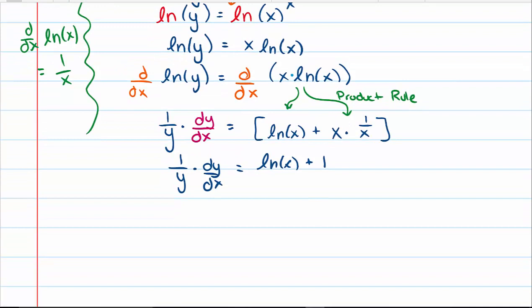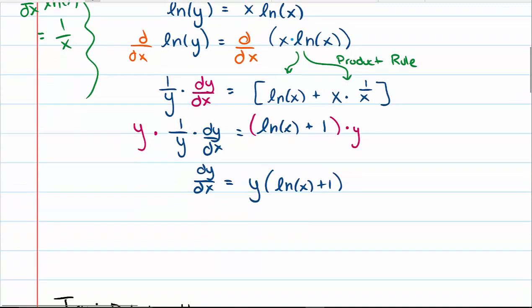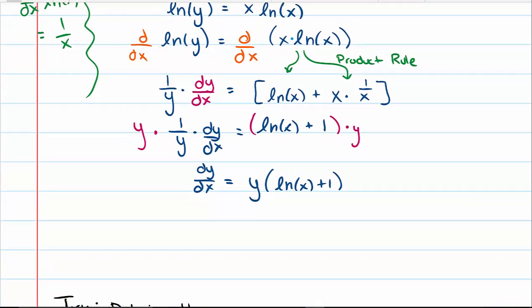All right. So now we need to get dy dx all by itself. So we multiply both sides times y, and we get dy dx is equal to y times ln of x plus 1. Now we only want our function in terms of x, so we need to go back and think, what did y equal?